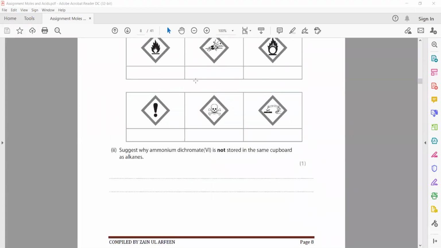Suggest why ammonium dichromate is not stored in the same cupboard as alkane. As I already mentioned, it can cause the combustion of flammable substances, because it is an oxidizing agent. It can help or promote burning of alkane. That is why it is not stored in the same cupboard as alkane.